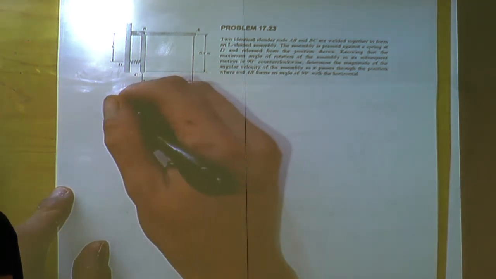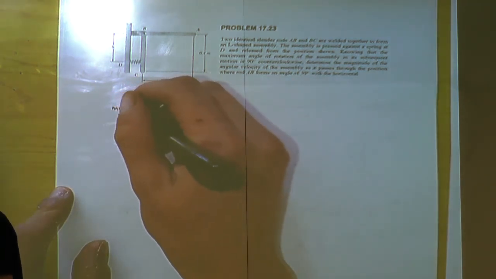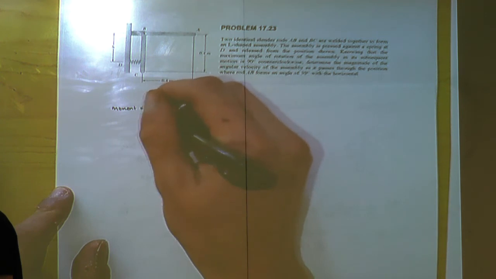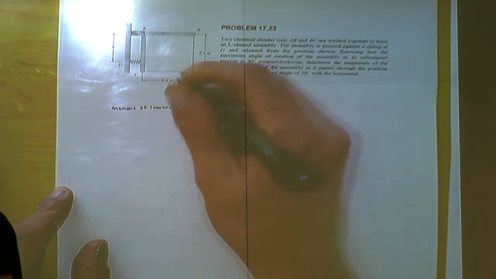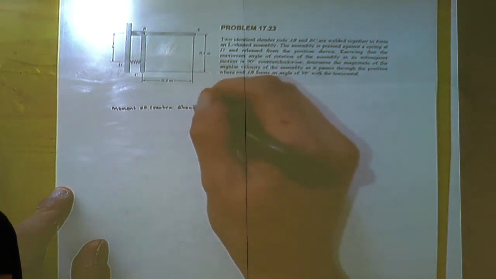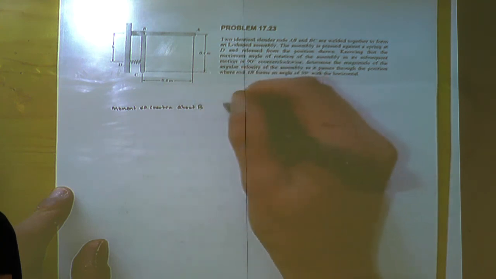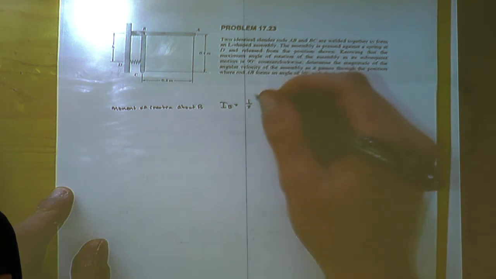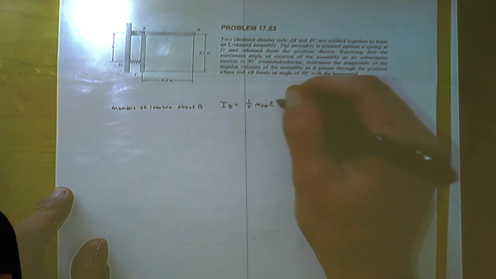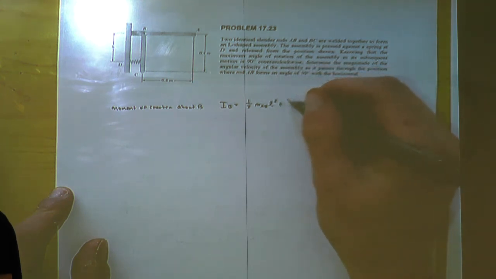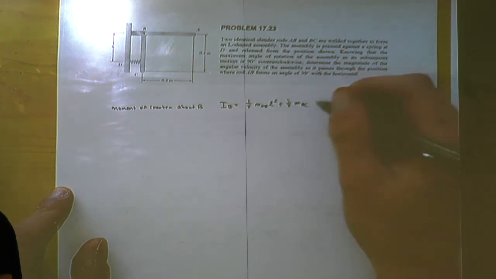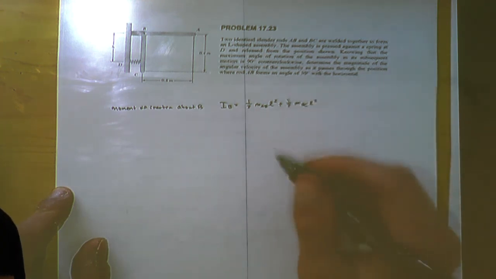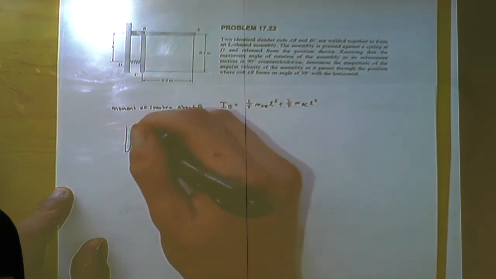So I'm going to start with the moment of inertia about B. It's going to be 1/3 the mass of AB L squared plus 1/3 mass of BC L squared. Draw a diagram.